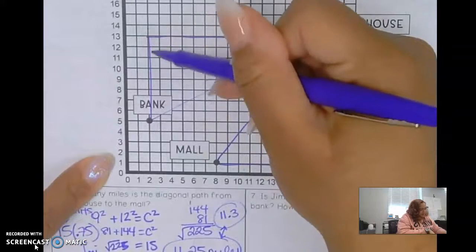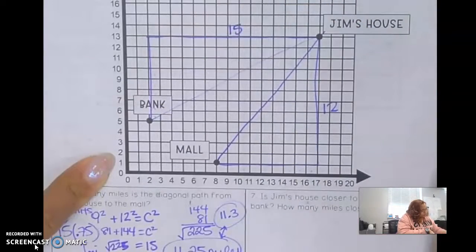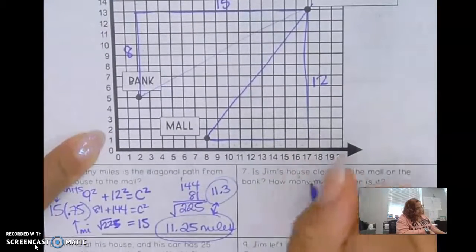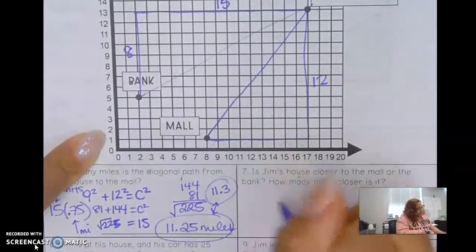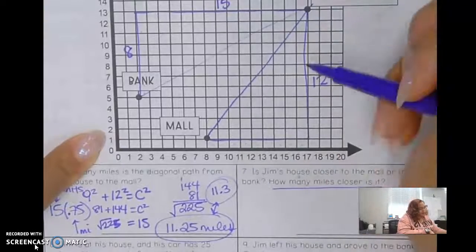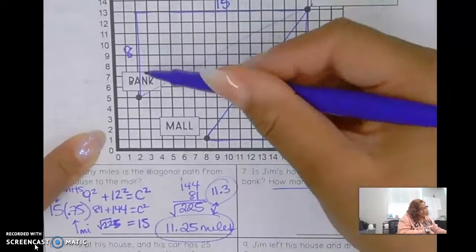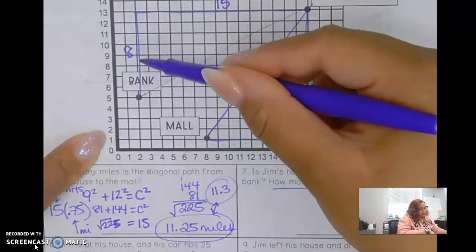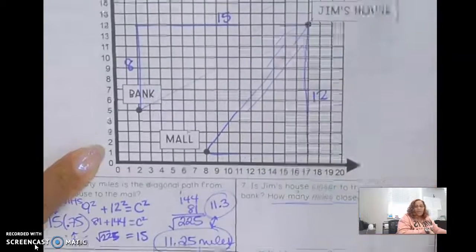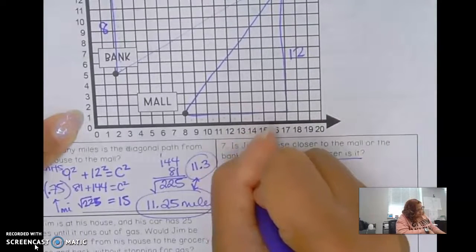And then this side right here is 1, 2, 3, 4, 5, 6, 7, 8. Oh, this is asking 2 questions. Is it closer to the mall or the bank, and how many miles closer is it? All right, so then we've got to find the difference between this diagonal and this diagonal. So this is 8. 1, 2, 3, 4, 5, 6, 7, 8. 5 to 13, yes. So I'm going to square 8 and 15.